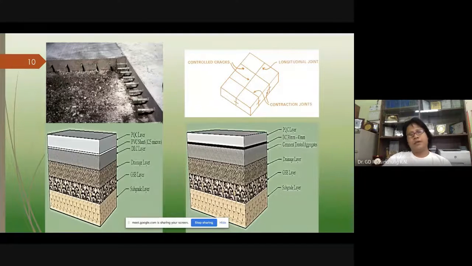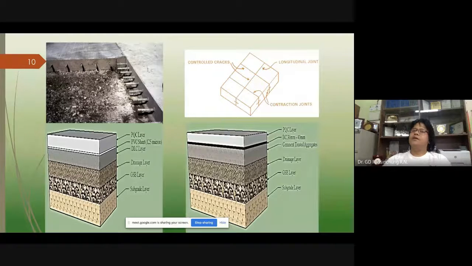And there are some supporting layers which participate in the form of a drainage layer, and some of them participate as a separation layer. So in rigid pavement system, we term them as lower subbase and upper subbase.